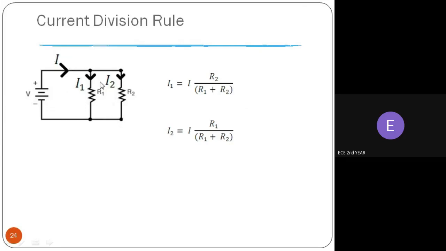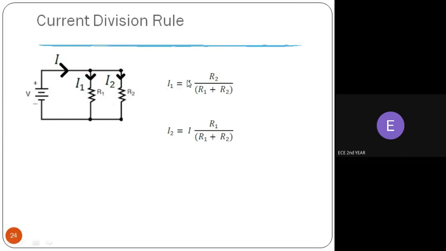And the individual currents can be calculated with the help of the current division rule. The formula is: individual current is equal to total current into opposite resistance divided by the total resistance. So here we'll calculate I1, the current flowing through the resistance R1.